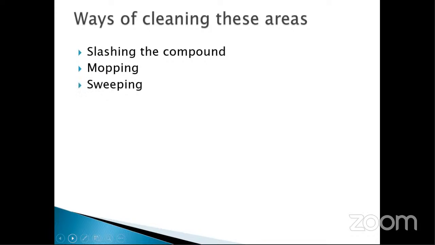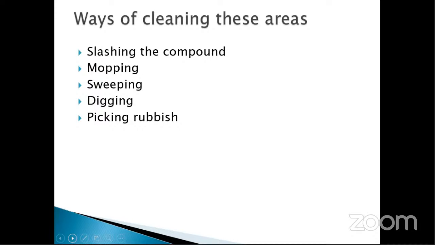You also have sweeping. You have digging. In case it has some grass, you can dig and remove some grass or weeds. Then you can also pick rubbish. Even at school, sometimes we ask you to go and pick the rubbish in the compound.